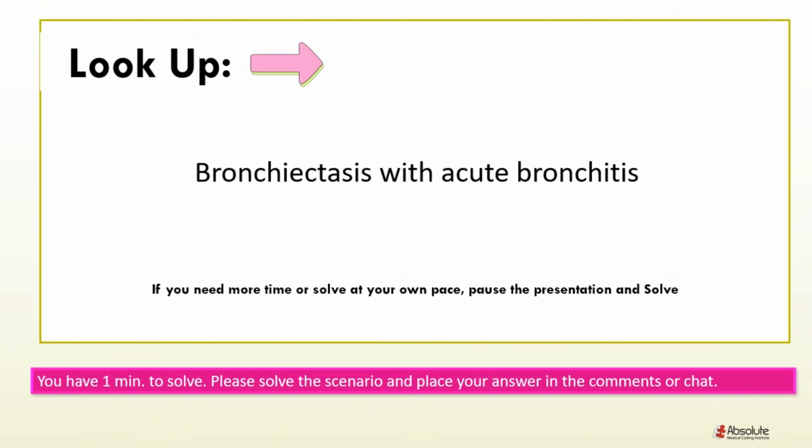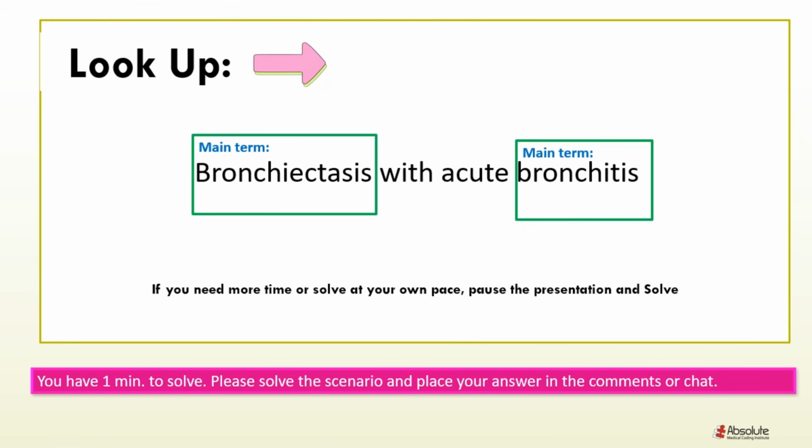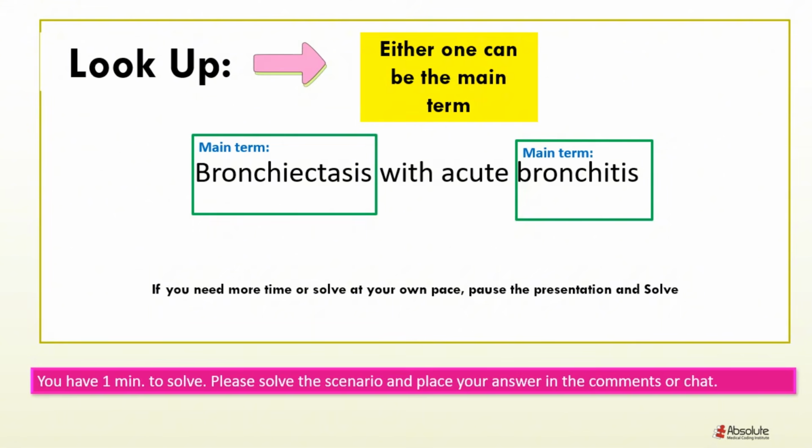What is the main term? If you said bronchitis and bronchiectasis, you would be correct. And our subterm is acute. But coders, either one of these terms can be the main term, but we're going to have to select one. I'm going to select bronchitis. If you selected bronchiectasis, you'll still get the correct answer.